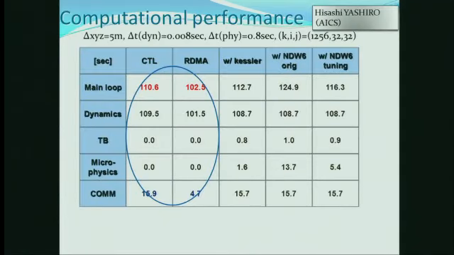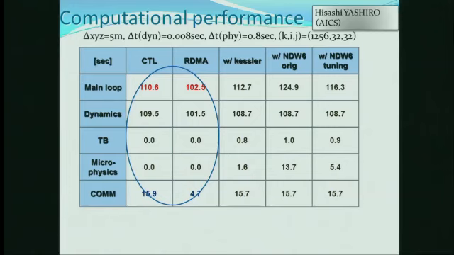Okay, this is the computation performance as a first preliminary result, and this shows the control case and the RDMA case. In the RDMA case we use remote direct memory access for the communication part.